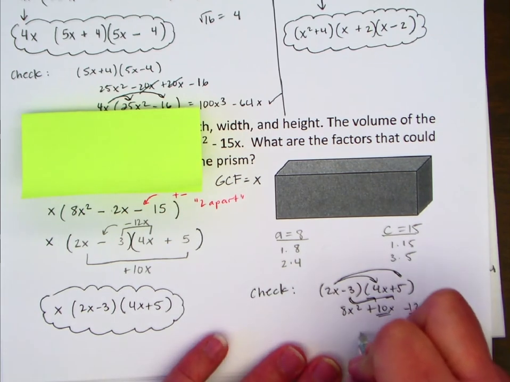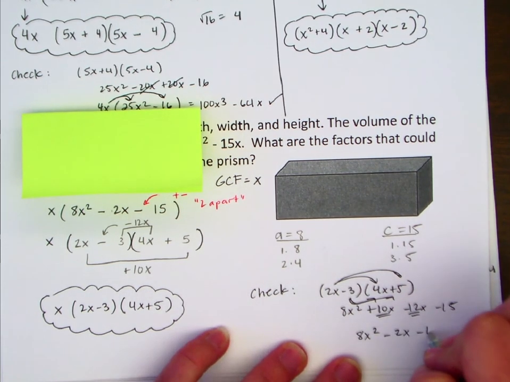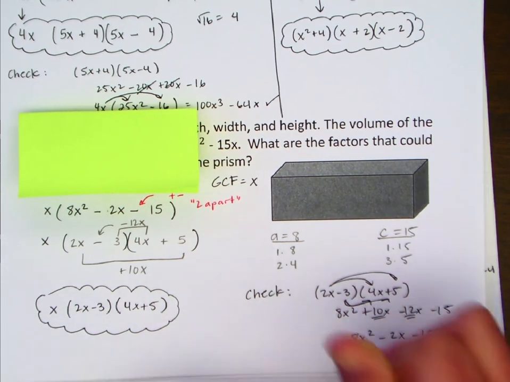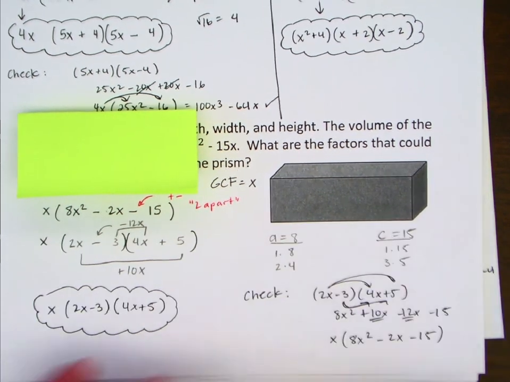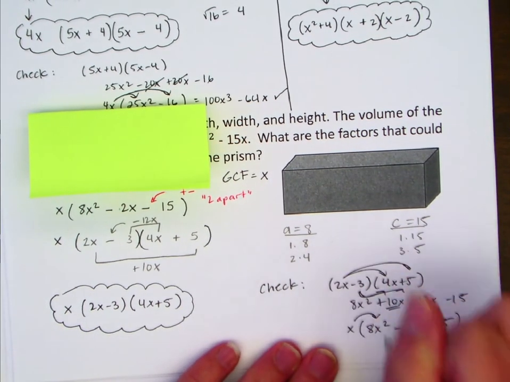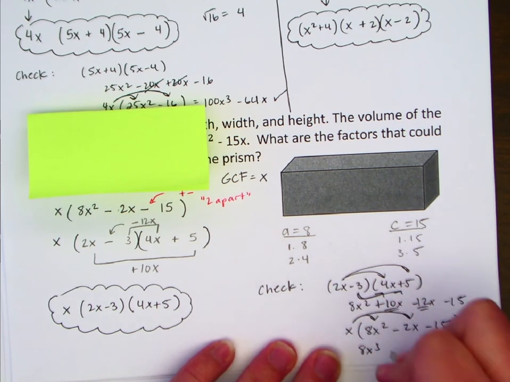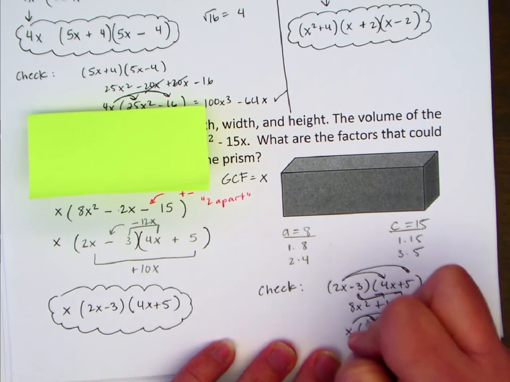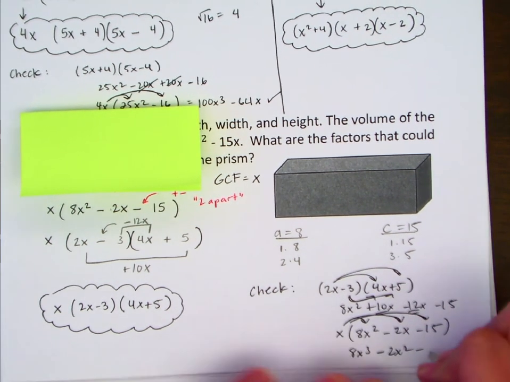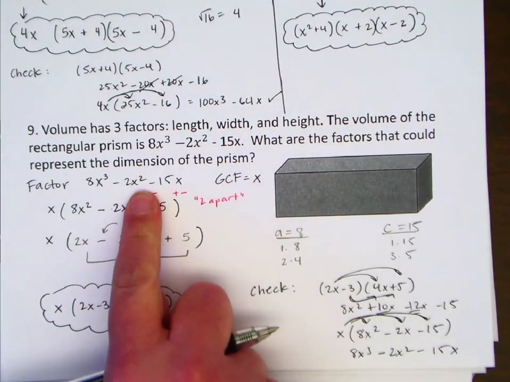So 8x squared minus 2x minus 15. And then don't forget you have that x chilling in the front. You have to not forget to check that one. Then when you distribute it, you add the exponents. So 8x to the 3rd minus 2x squared minus 15x. And is that what I wanted? Yes, it was. Checks out.